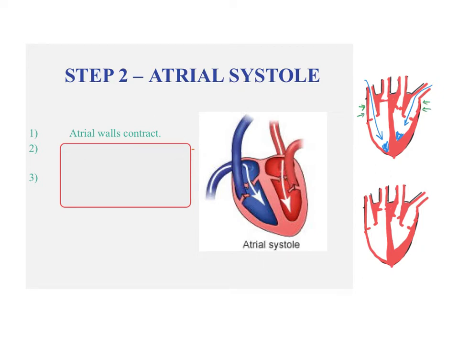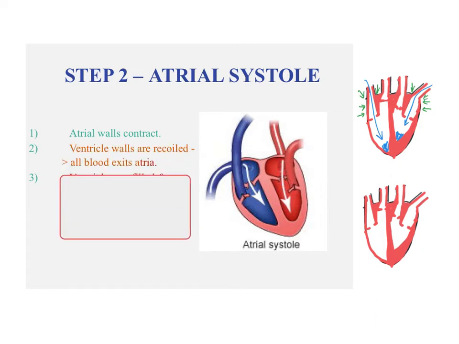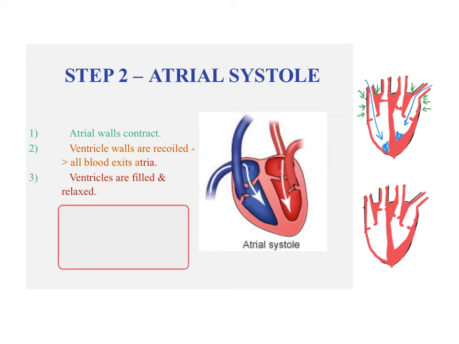Okay, so a bit like a big pinchy squeeze from the top down, and that's what those green arrows are, of those atrial walls. Now what that does is it forces all of that blood out of the atria into the ventricles, which are still really relaxed.